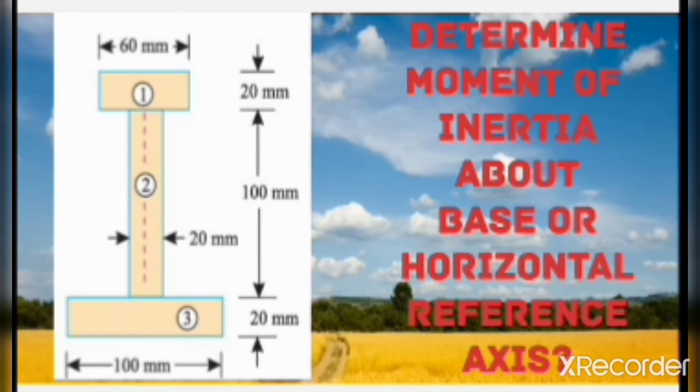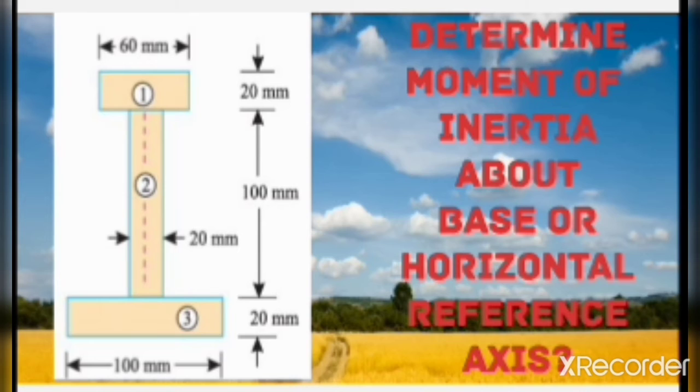To find x1, x2, x3, y1, y2, y3, we have to locate the horizontal and vertical reference axes, X-X and Y-Y. Always we treat the bottom rectangle to locate the horizontal and vertical reference axes. In this figure, the bottom rectangle 3 is used to find the x-axis and y-axis.